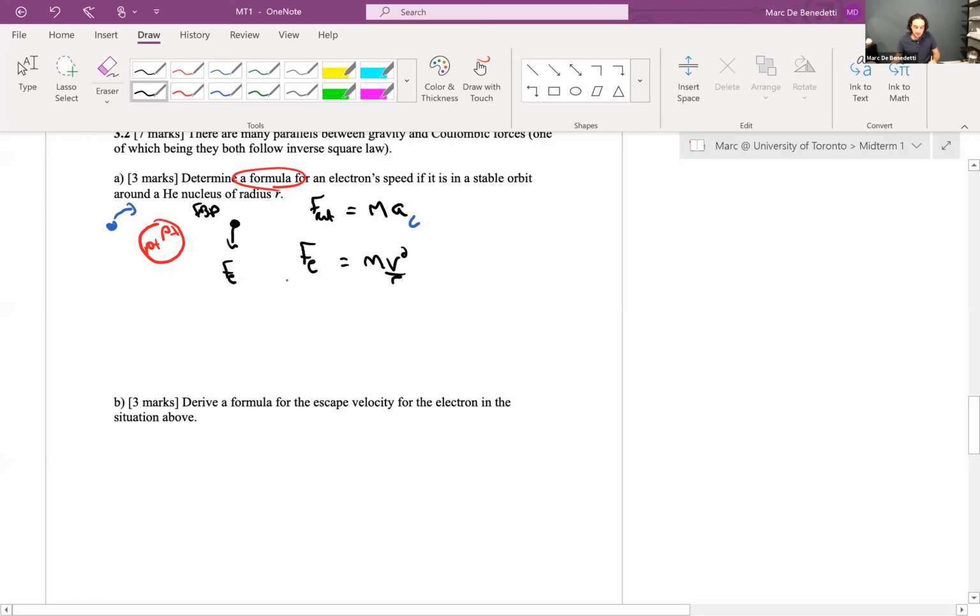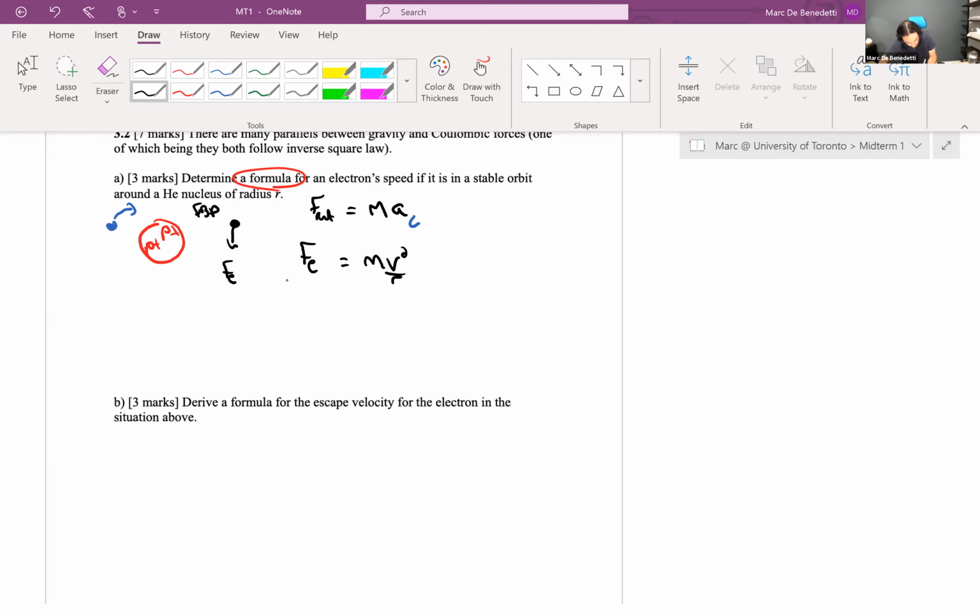And the electric force, I ask myself, well, what kind of electric force is it? Is it due to a constant E field like in the parallel plates? No, this is going to be Coulombic. It's between 2 individually charged objects, one object being the electron, the other charged object being the nucleus. There might be 2 neutrons in there as well, but neutrons don't have a charge. So overall, the nucleus has a +2 charge.